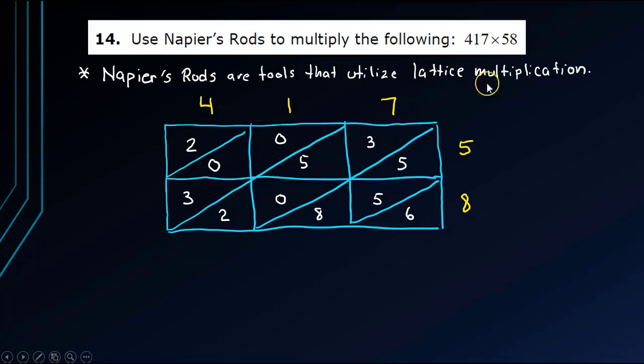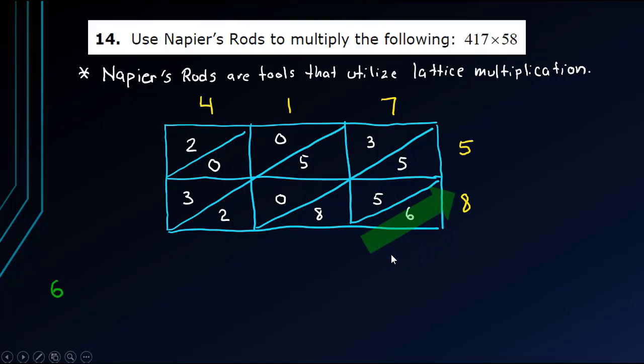So when I do 417 times 58, again, here's 4, 1, 7, the 5, and the 8. 4 times 5 is 20. 1 times 5 is 5, so 0, 5. 7 times 5 is 35. Same thing with the 4 times 8, 1 times 8, and 7 times 8 down here. And again, it's going to be the same thing.